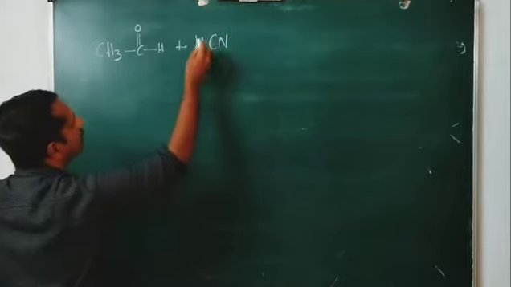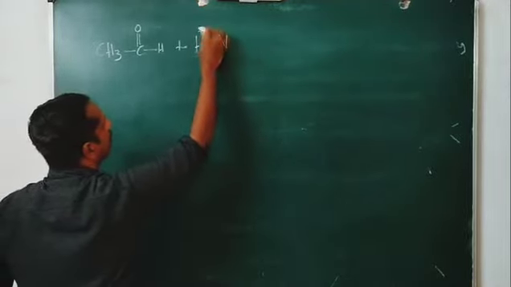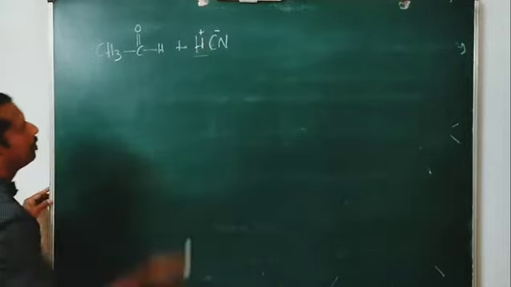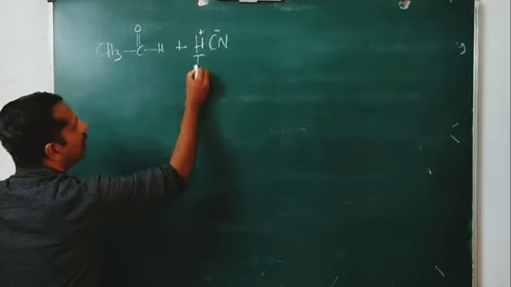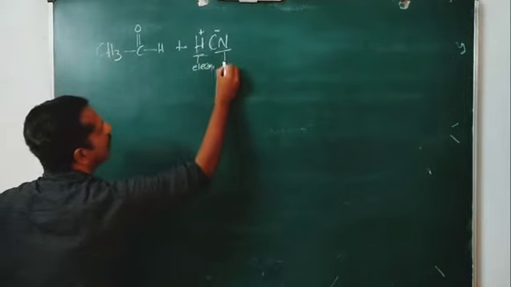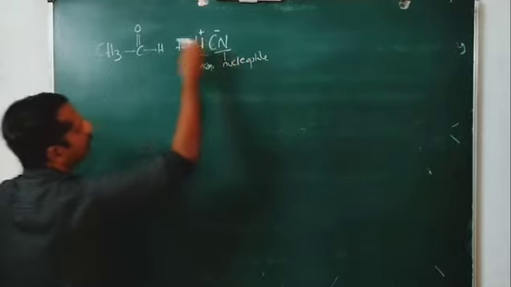In HCN, H is positive and CN is negative. That means H plus is the electrophile and CN minus is the nucleophile.